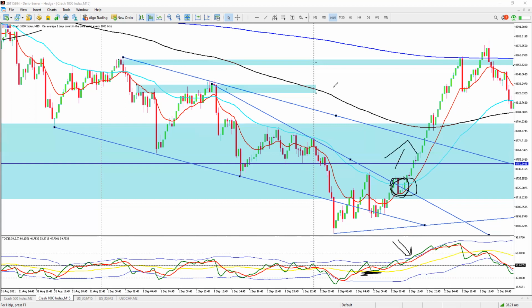So where would you take your profit? You would look to take your profits first on this 200 MA, second on this zone, and third on this 800 MA, which is also on this zone. So this is TP3, 2, 1.